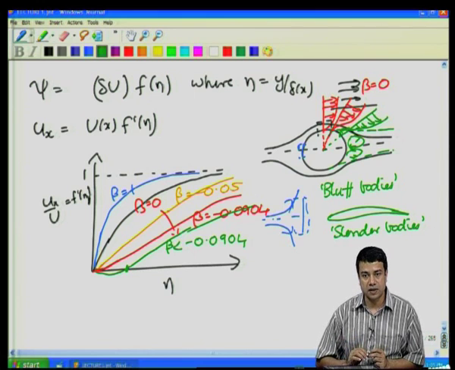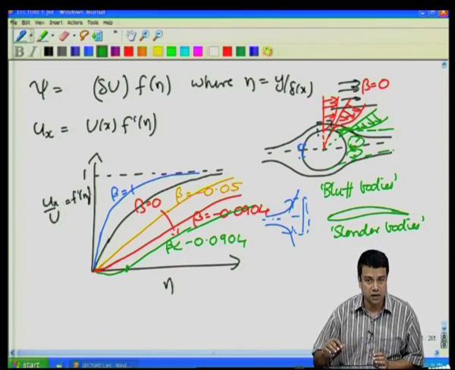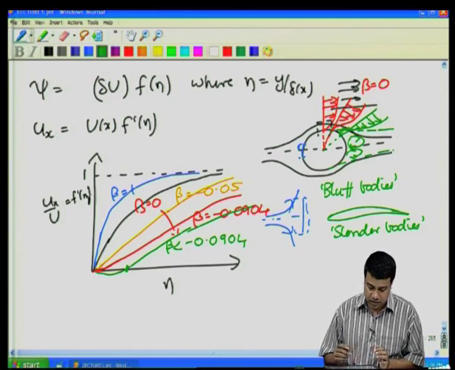In bluff bodies like cylinders or spheres, of course, on the upstream side it is restricted to a thin region. The thickness of course goes as Re power minus half. However, on the downstream side, because of boundary layer separation, it is no longer restricted to a thin region. And therefore, you do have viscous effects being important within the wake region behind the object after boundary layer separation has taken place.